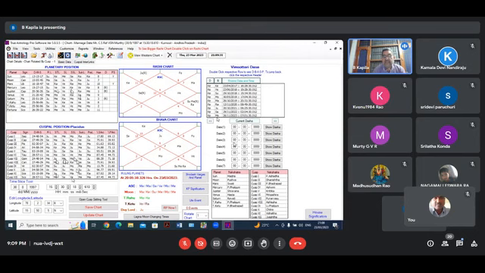Means delay in marriage is likely to be there. Okay. And if you look at the final confirmation, which is again being done by Venus, which is linked to 6 and 12, so it indicates that Mercury on the whole is a very, very weak bhukti that will delay the marriage and it cannot enact the marriage.